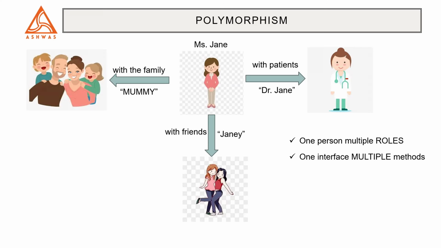Similarly, OOP allows one interface that can have multiple behaviors or methods or functionalities to achieve different functions. Which behavior will be invoked depends on the target audience or the target specification. This facility of having multiple forms of a given interface or a method is called polymorphism.